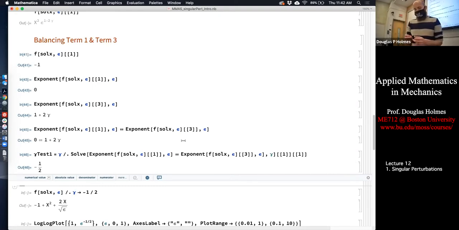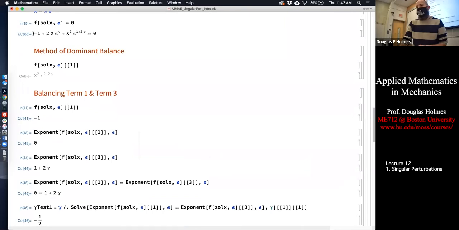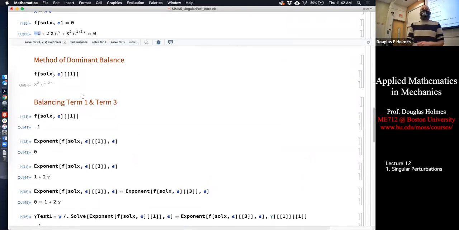So will we always just set the exponents of the epsilons equal to each other since they're the ones that are going to have the gamma? Yes. Okay. And if it's confusing for you, you can imagine that this first term here is really like -1 times epsilon to the 0.